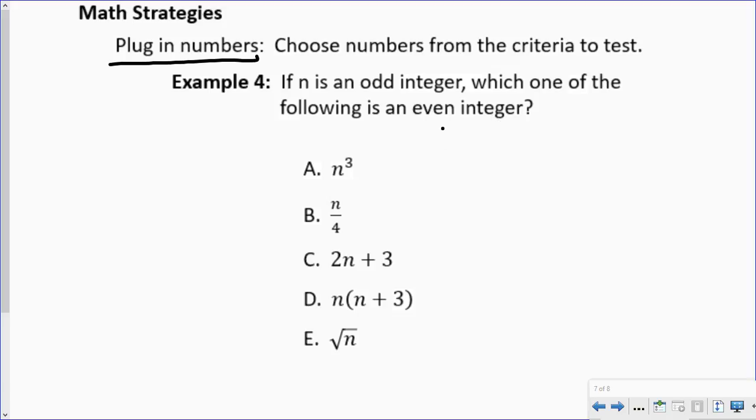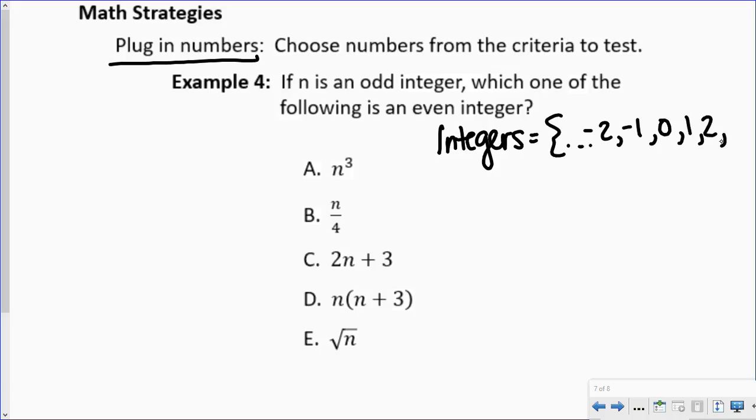Well, first, let's remember what integers are. Those are your numbers that are like your negative whole numbers, including 0, and then your positive whole numbers go on forever. So 0 is included in there, and your positive and negative whole numbers are your integers. So here they're telling us n is an odd integer.